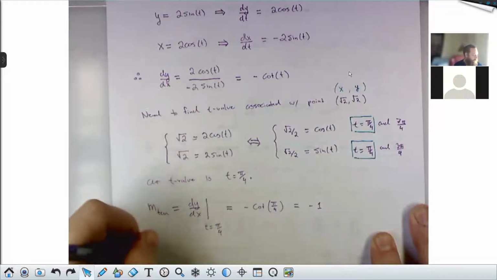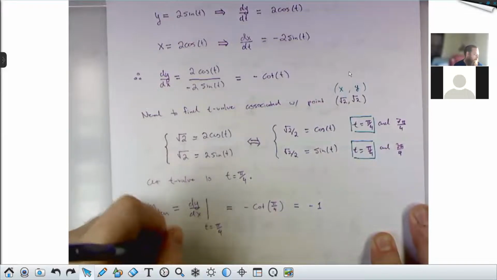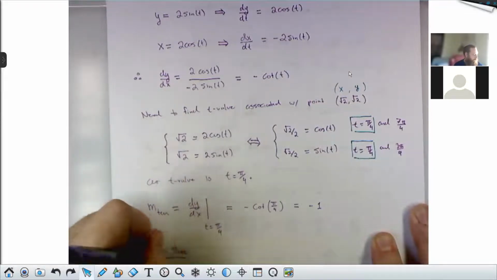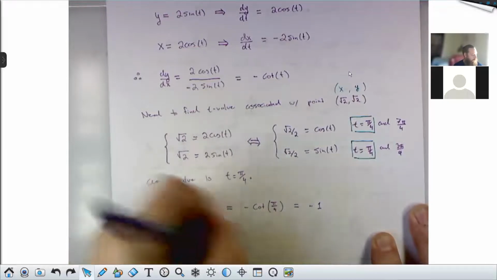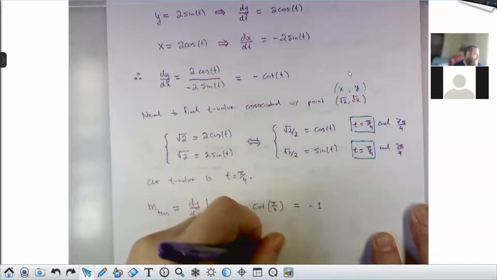So to finish up, we use the point slope formula, which is y minus y naught equals m times x minus x naught.